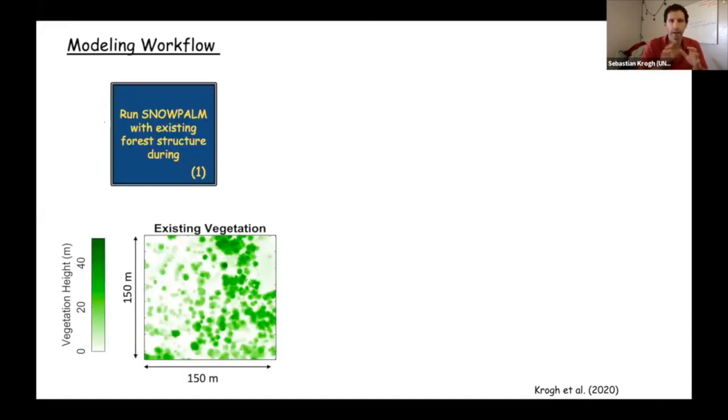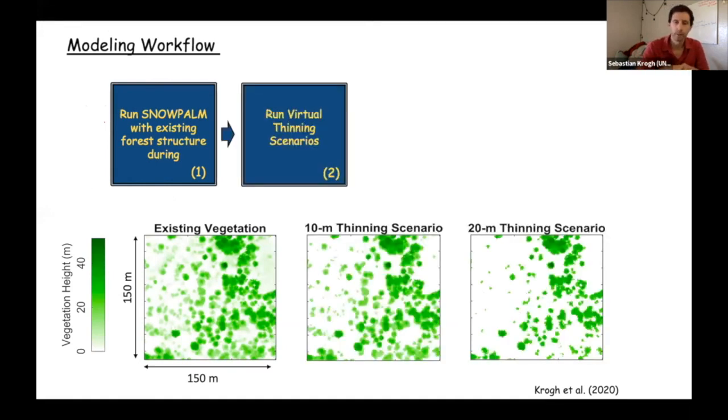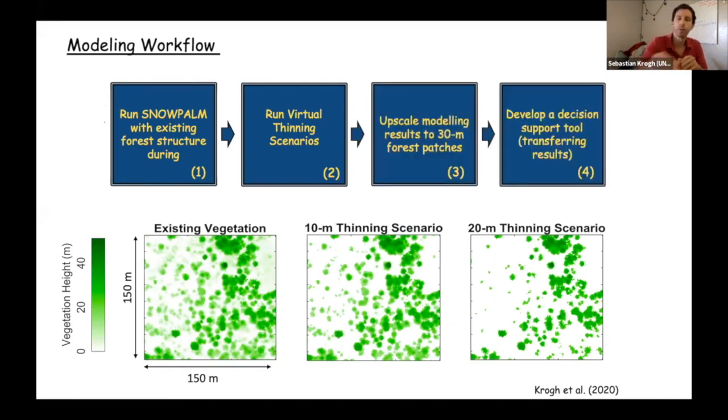This is kind of the main workflow. We run the model SNOPalm using existing forest structure. And this is just an example for a small domain. We then do something that we call a virtual thinning experiment. So we take all the trees that are below 10 meters and all the trees that are below 20 meters, and we thin them virtually on the computer and rerun the model and compare that to a control run using the existing vegetation.